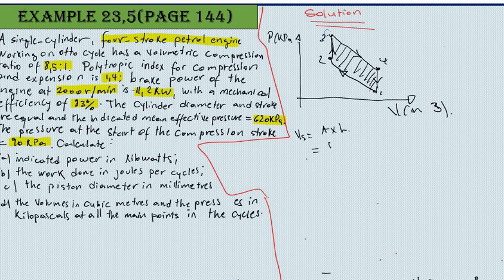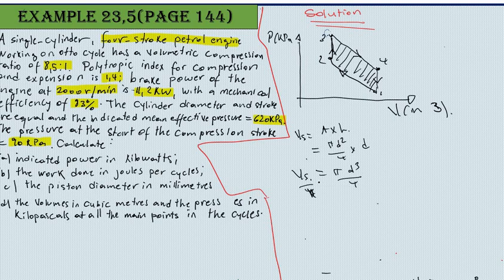The area of the piston is given by pi d squared over 4, and since the stroke is the same as the diameter, as it is specified in the question, because there is a sentence that says the cylinder diameter and the stroke are equal, we can replace L by D. So this expression simplifies to pi d cubed divided by 4. That is Vs.